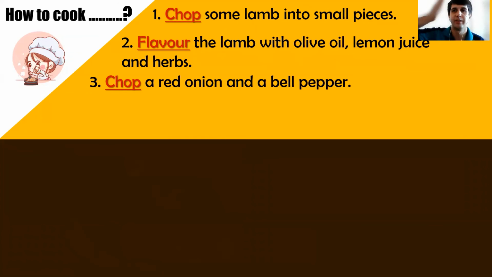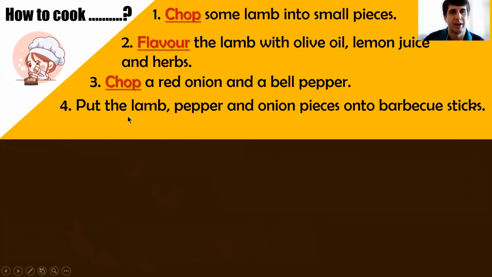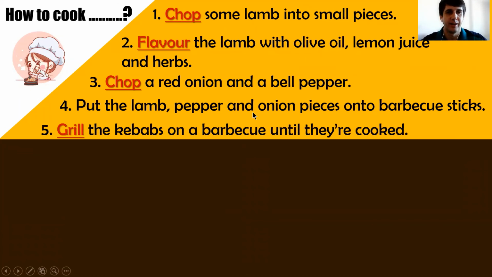Chop a red onion and a bell pepper. Put the lamb, pepper and onion pieces onto barbecue sticks, so we can get some sharp sticks and put all the meat and the vegetables onto the sticks. And then we need to grill the kebabs on a barbecue until they're cooked.